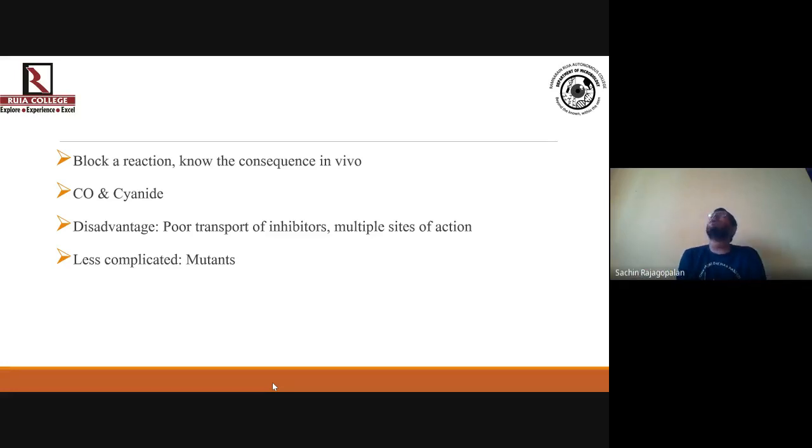Carbon monoxide could also block ETC. So when you use these kind of inhibitors, that's when you understand what this thing that you're trying to block actually does, what is its function.